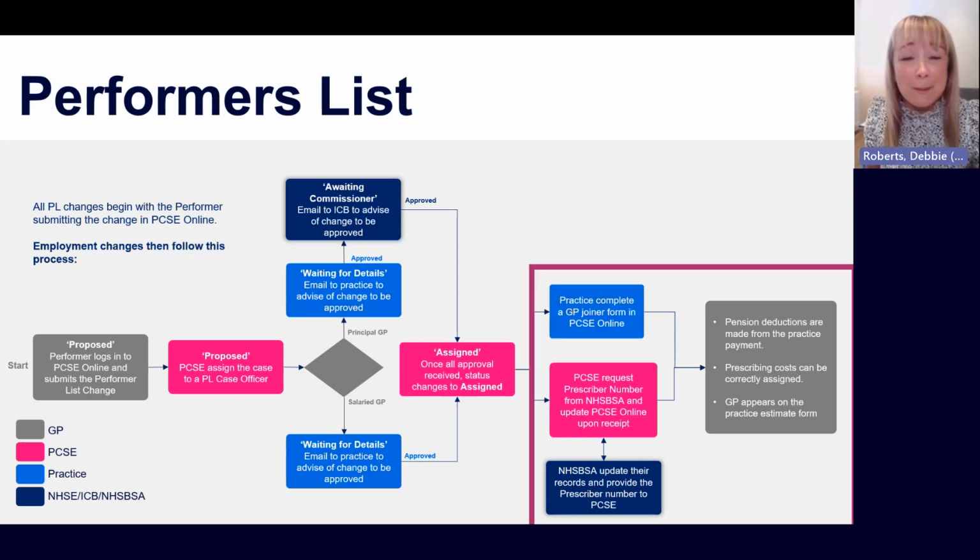That's when it will then bounce back to yourself. And this is where you will need to complete a GP joiner in PCSE Online. It's super important to do that just to make sure that the correct deductions are taken from the practice and prescribing costs can be correctly assigned, and just to ensure that the GP appears on the practice status form.